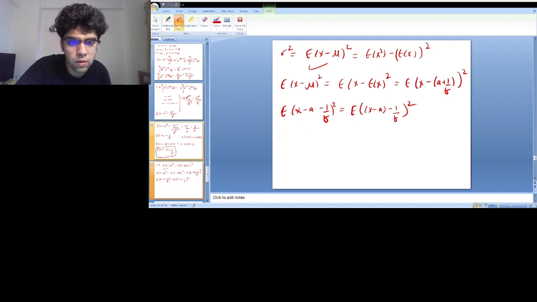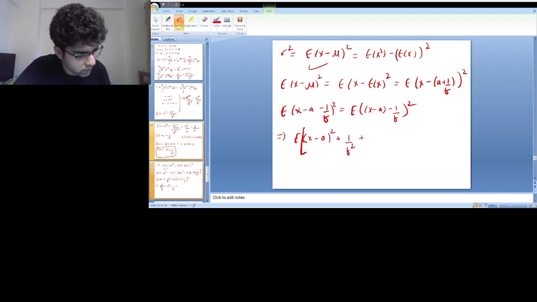So this gives me (X minus a) whole square plus (1 upon b) whole square, plus, let me just write the whole property so that you understand, minus 2 times (X minus a) times 1 upon b.